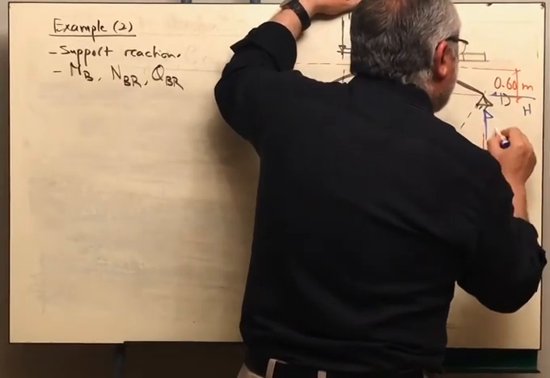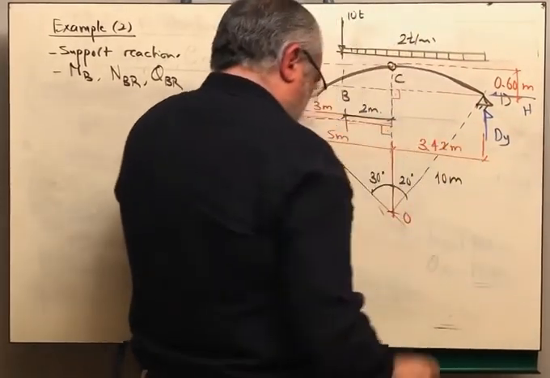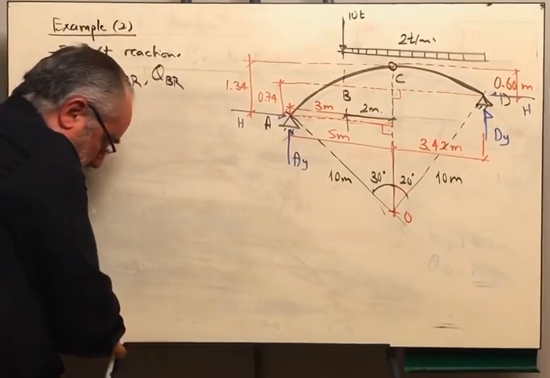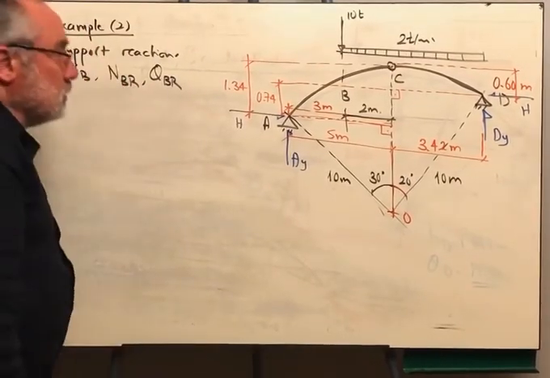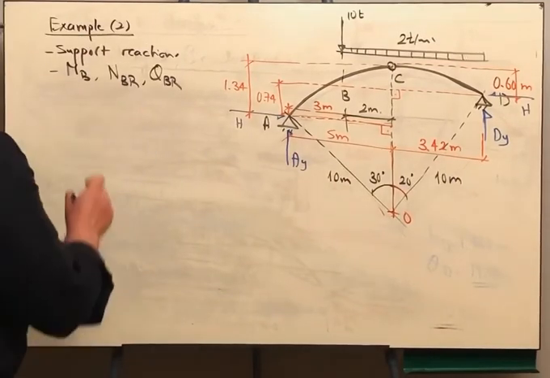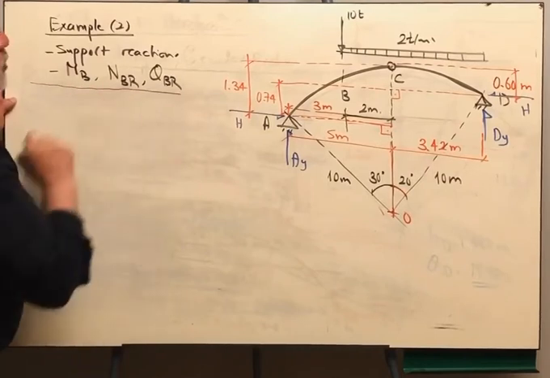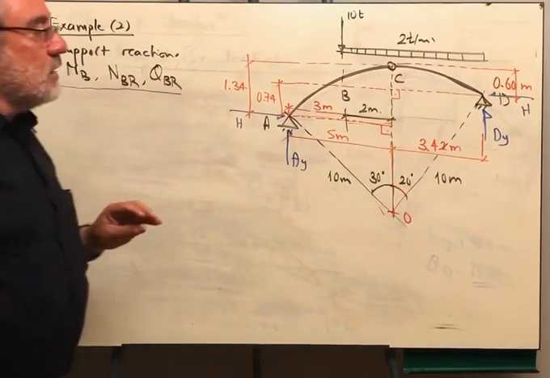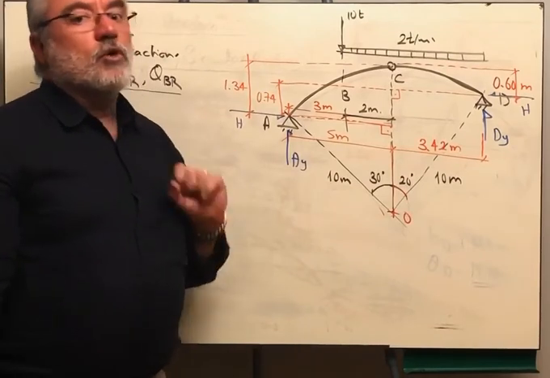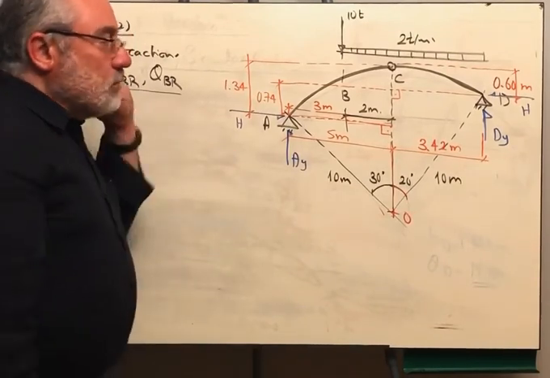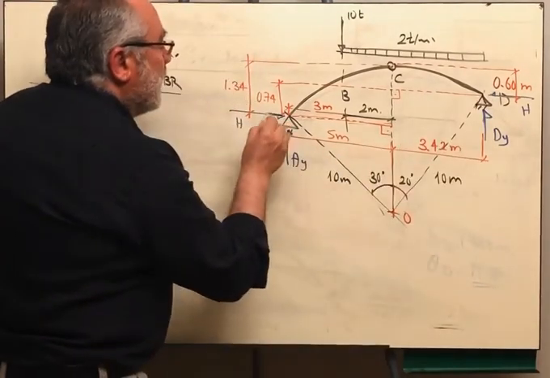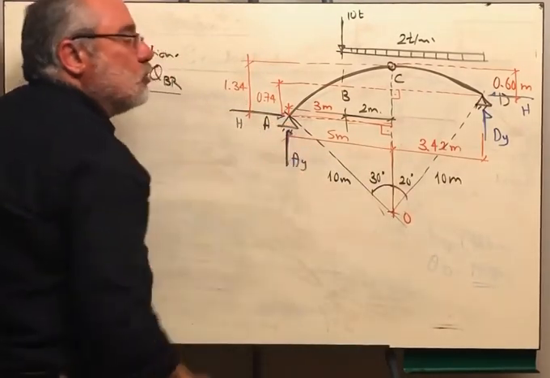And here we are having the vertical reaction DY. Now we want to determine the support reactions. Unfortunately, we cannot get one reaction at a time. We have to solve two equations and two unknowns. Why? Because if you took moments about point D, you will have H and AY included.